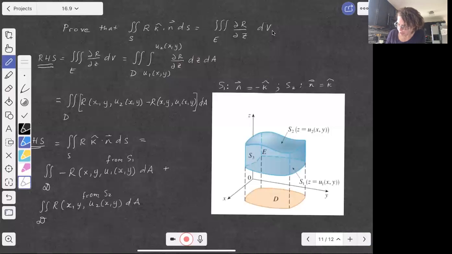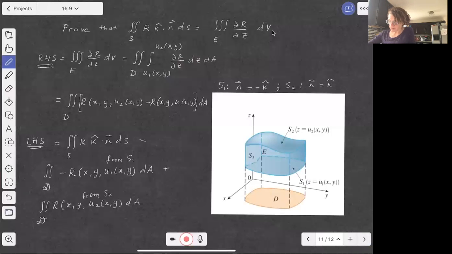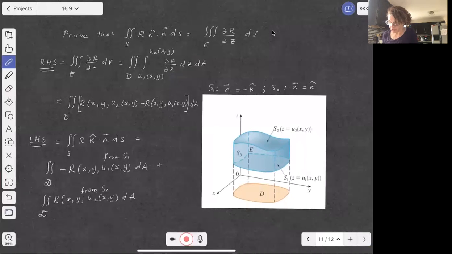All right, and we know that on the side, because the normal vector is perpendicular to k hat, the dot product is going to give us 0. So there's no contribution from the third side to the flux. So therefore, the left-hand side is equal to the right-hand side.